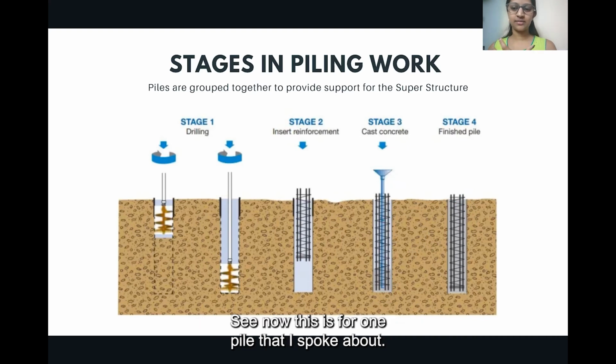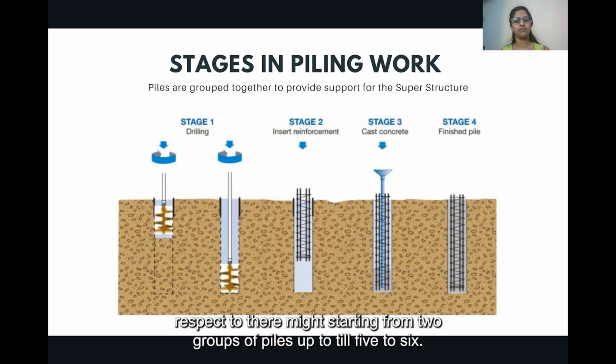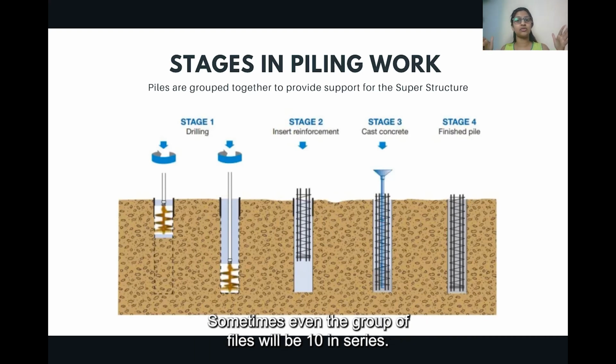Now this is for one pile that I spoke about. Usually there are a group of piles. It might start from 2 piles up to 5 or 6. Sometimes even a group of piles will be 10 in series. All of these piles should be kept intact, right? They should have a uniform distribution of the load that is being carried.